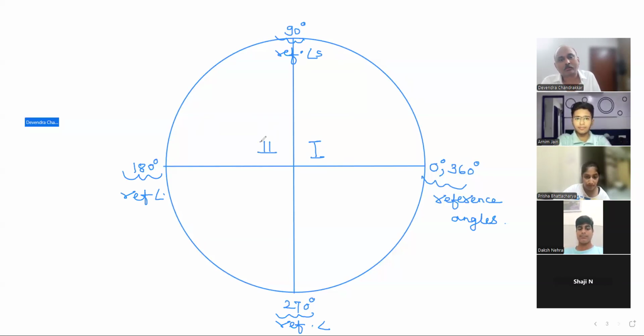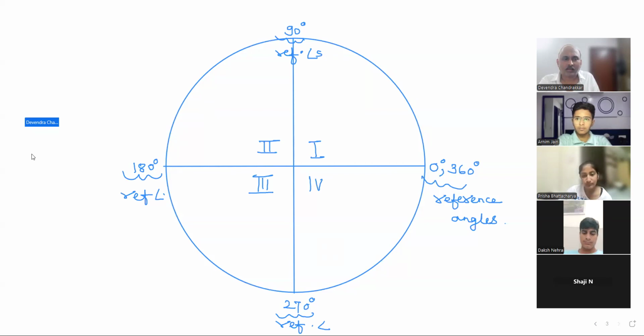Second quadrant is between 90 and 180. Third quadrant is between 180 and 270. And fourth quadrant is between 270 and 360. Did you understand this, all of you? Between 0 and 90, first quadrant; 90 to 180, second; 180 to 270, third; and 270 to 360, fourth.